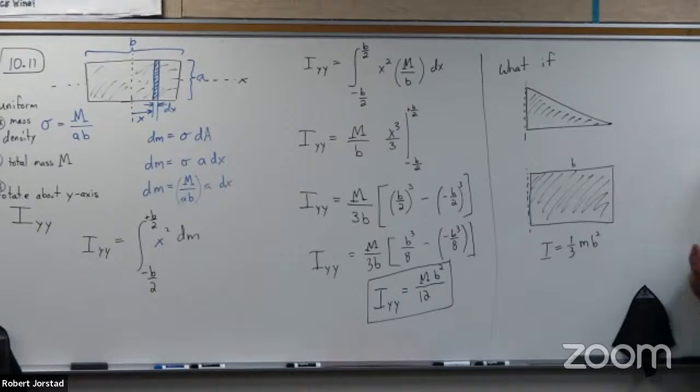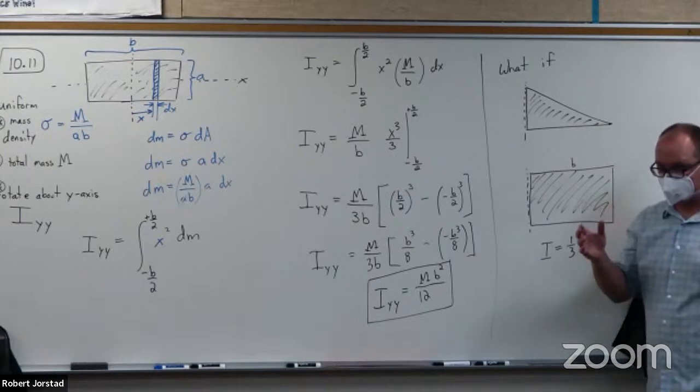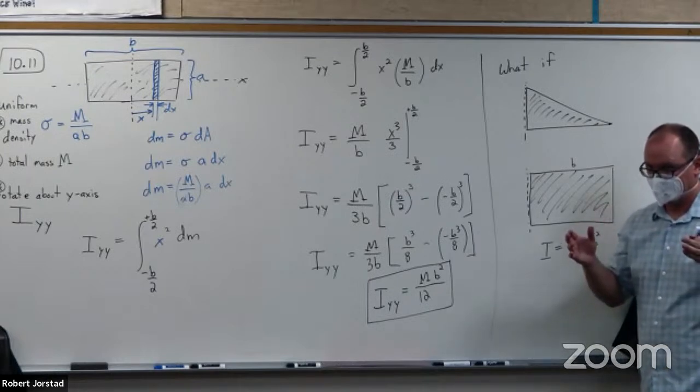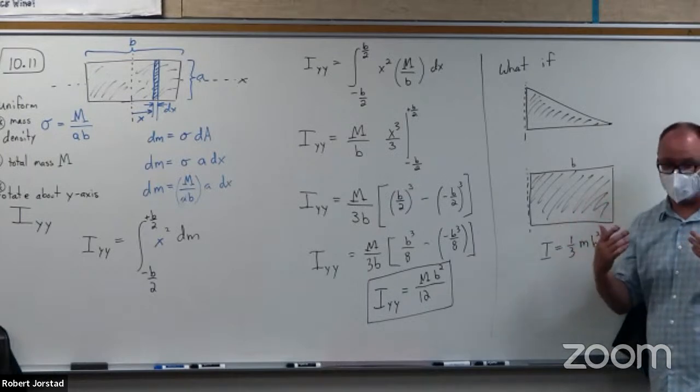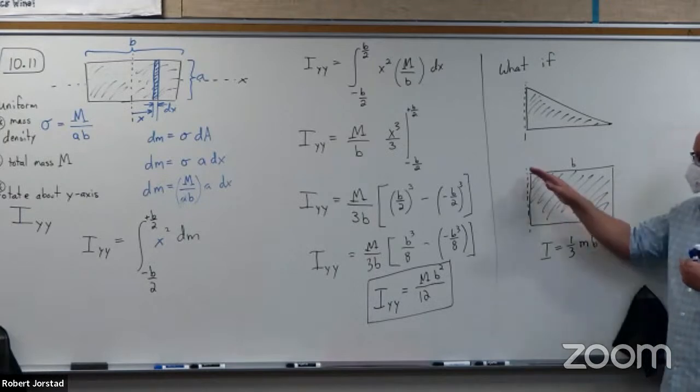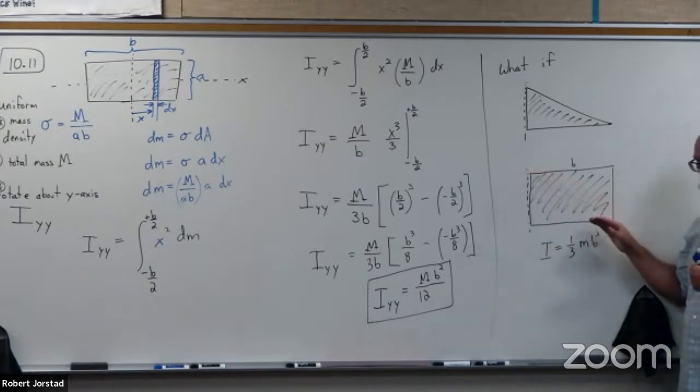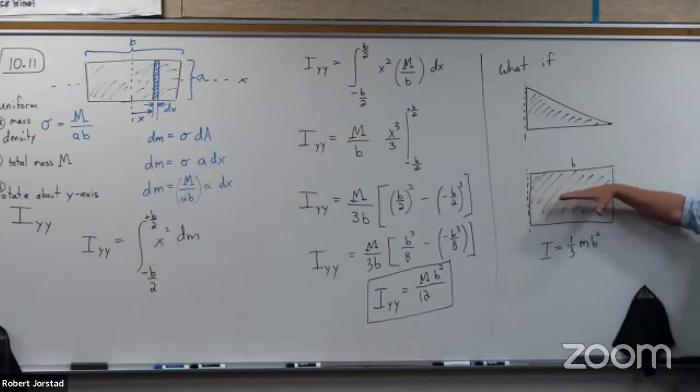Let me ask you this. Moment of inertia depends on your distance from the axis to the material. When you cut it in half diagonally, that's not the same as cutting it in half rectangularly, right? If you cut it in half this way, you would exactly cut the moment of inertia in half.